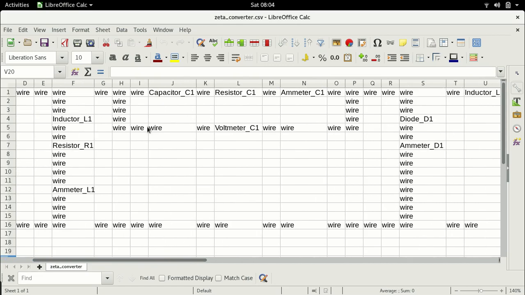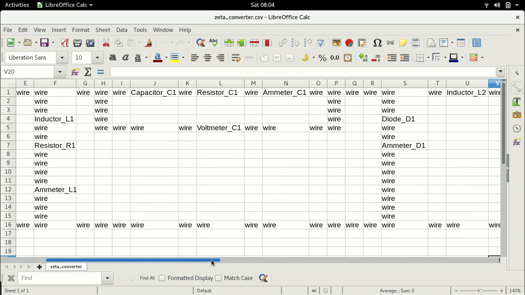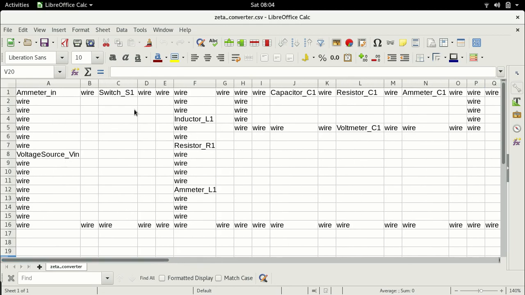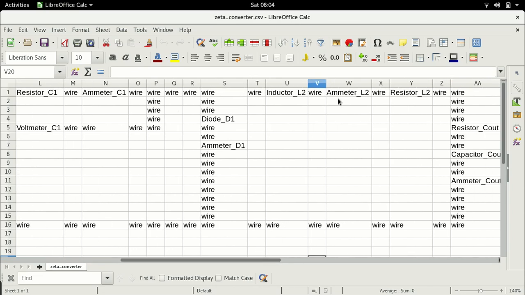Now, coming to the larger loop, the input voltage plus the capacitor voltage plus the inductor L2 voltage and the output capacitor voltage will also be 0. The sum of them will be 0.